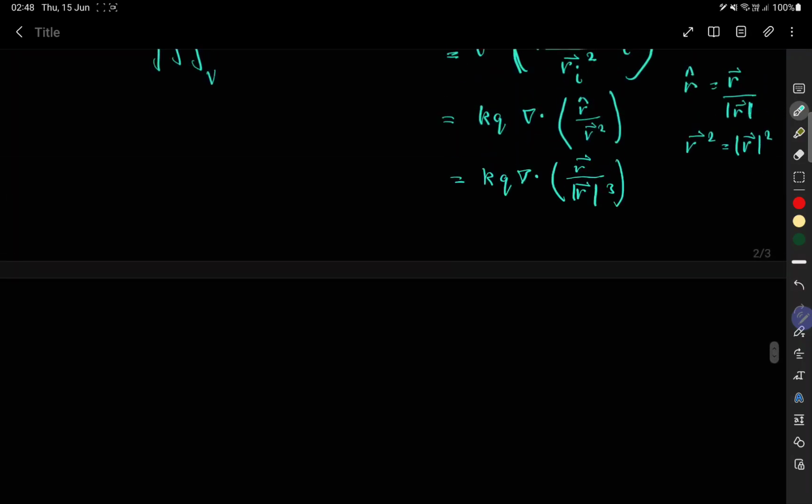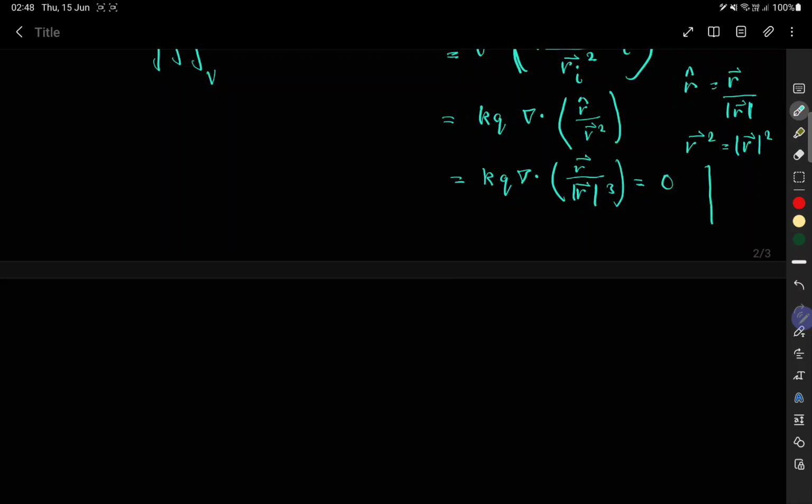Okay? Now, there are a few ways to evaluate this, but the basic premise is that if you do this the regular way to calculate divergence, you will find this comes out to 0. But there's a special condition.